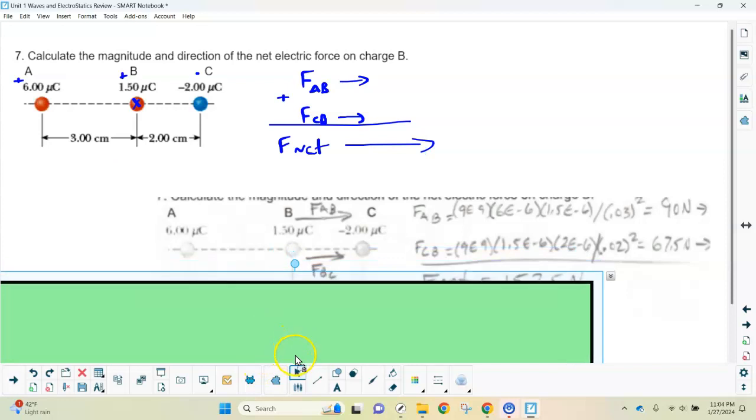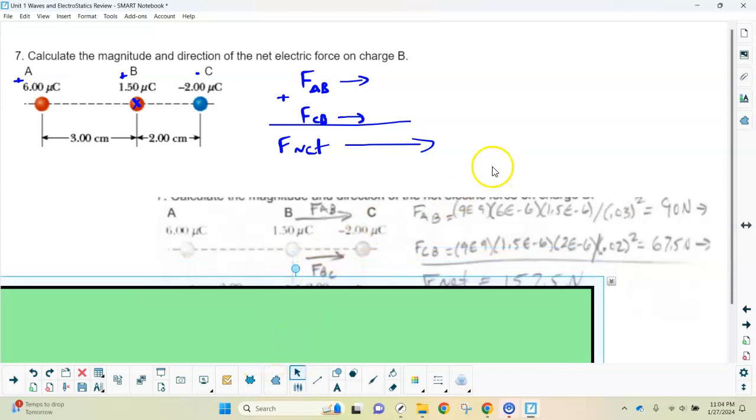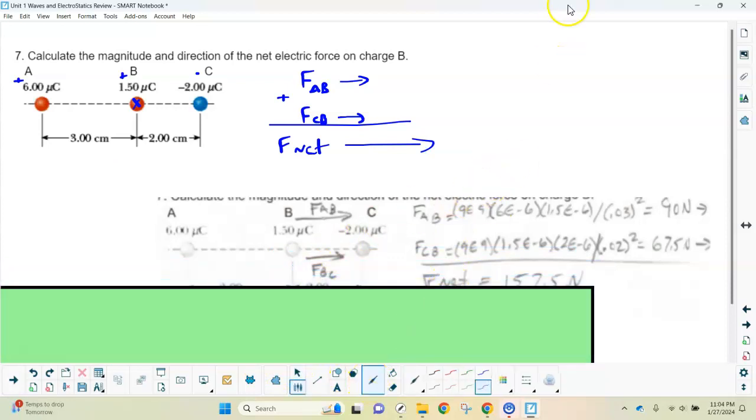And then I used the equations to calculate the electric force. The equation for electric force, FE for generic electric force between two charges, so A and B or B and C, is equal to K Q1 Q2 over the separation or the distance between them squared. So I just did it here in one line.